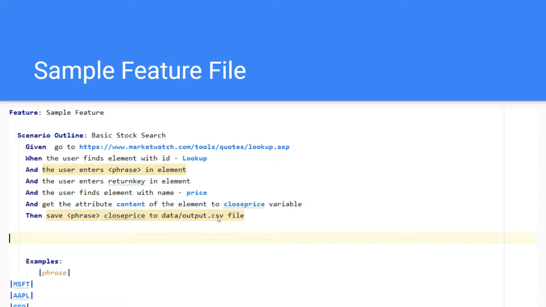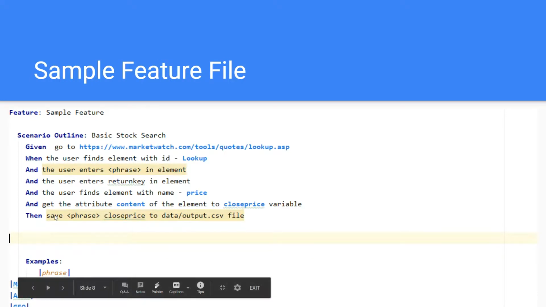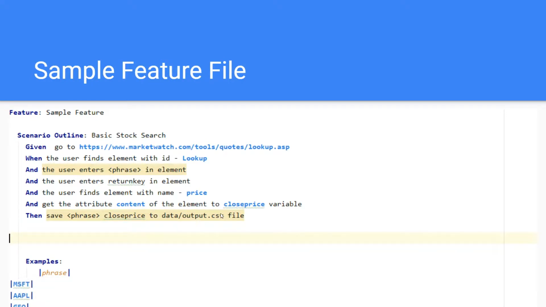So this kind of automates the entire process. In case you have a list of symbols that you want to get a price from a specific website, just writing this in simple English would generate a .csv file which will have all these inputs in there. As you can see, all the things which have been highlighted in blue are actually variables.